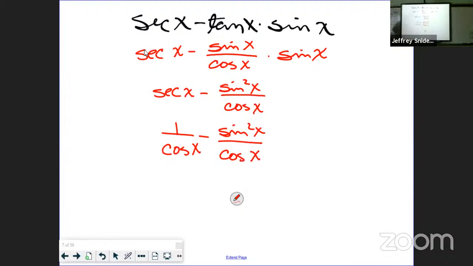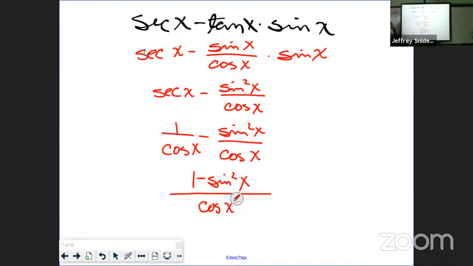So what's my numerator going to be? 1 minus sine squared x over cosine x. Now, are you ready?